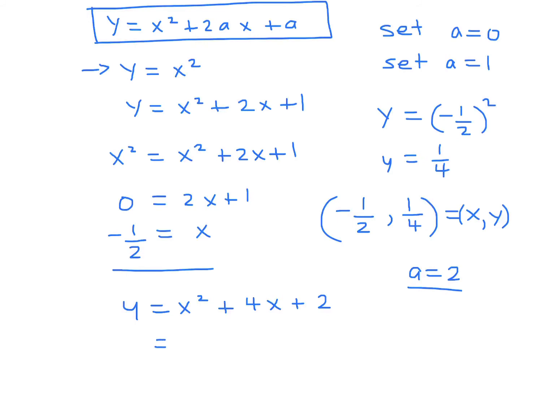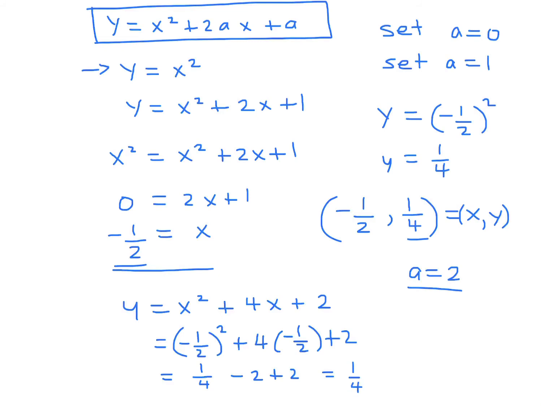So now let's see what we get for x equals minus a half. Minus a half squared plus 4 times minus a half plus 2. And this would be a quarter minus 2 plus 2, and this is a quarter.